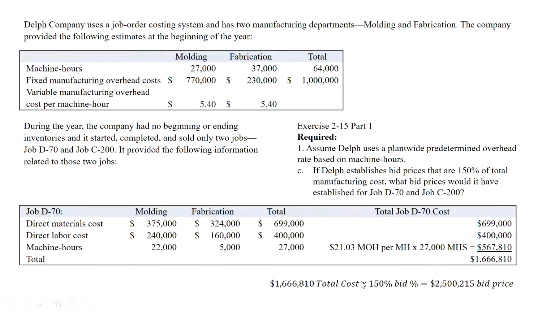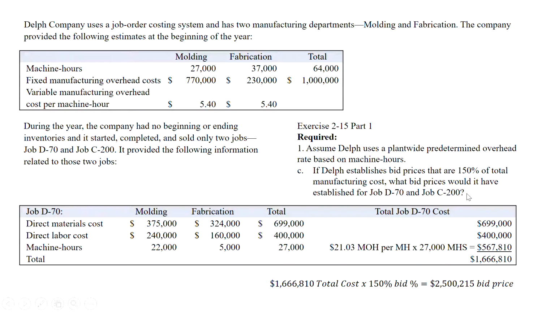So I'm simply going to take my total cost of this job of $1,666,810 times the 150%, because that's how they come up with the bid price, and I get a bid price, what we're going to attempt to charge the customer for this job, of $2,500,215.